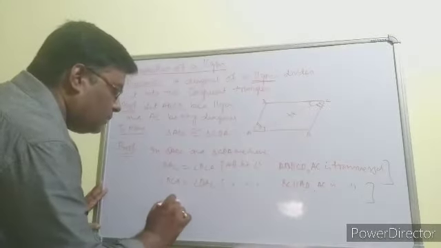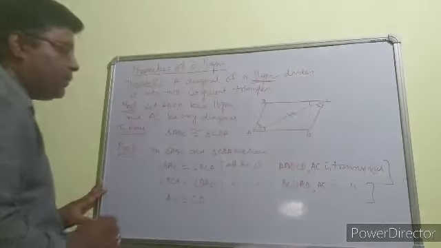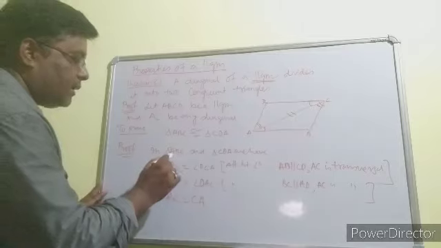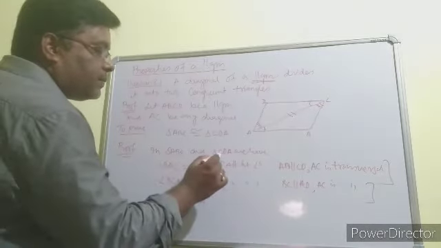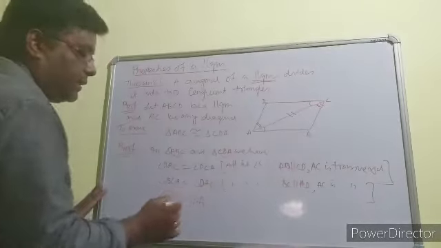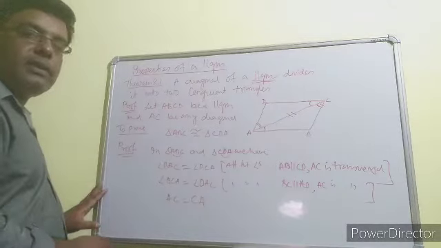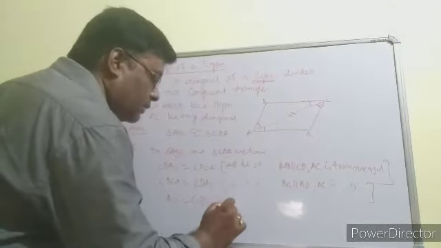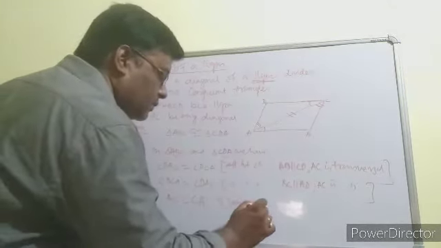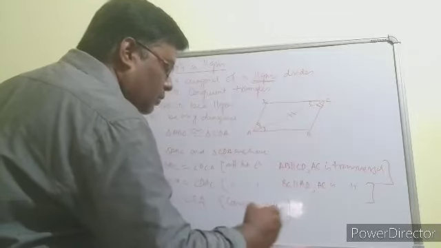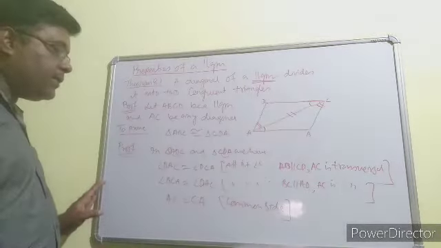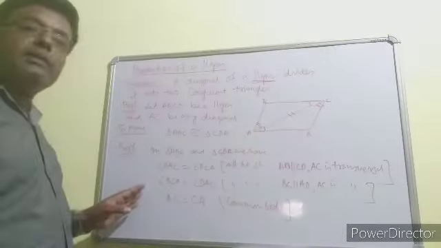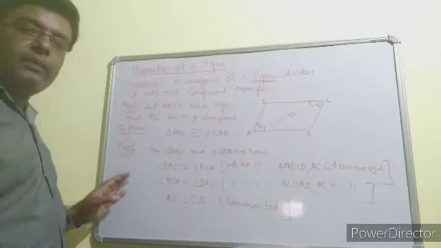And AC equal to CA. Here AC, first and third, and CA. AC equal to CA, it's a common side. That is, we get two angles and one side equal.